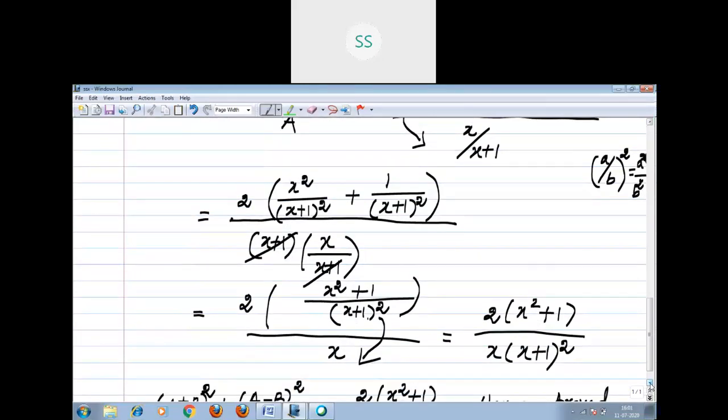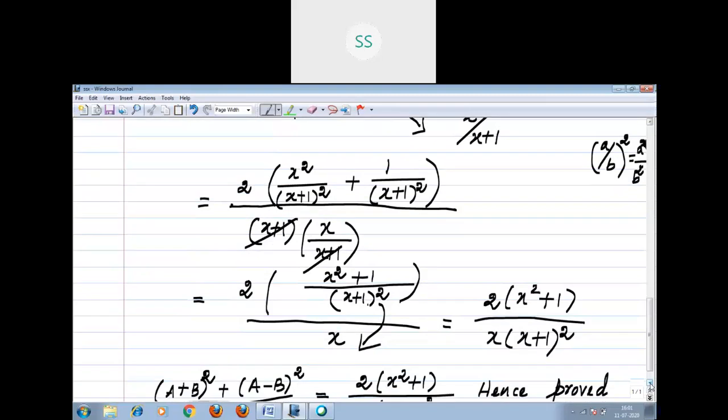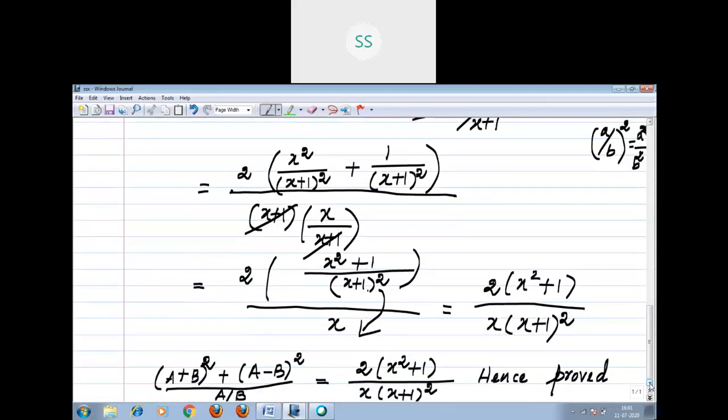Again the same concept as in the previous step: the numerator is having a fraction, so (x plus 1) the whole square will come to the denominator. I put an arrow and showed you for your understanding, right? So 2 into (x square plus 1) divided by x into (x plus 1) the whole square. That only they are asking to prove, that we proved, right?